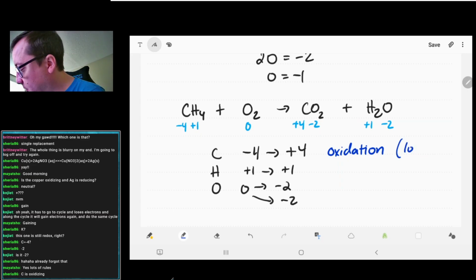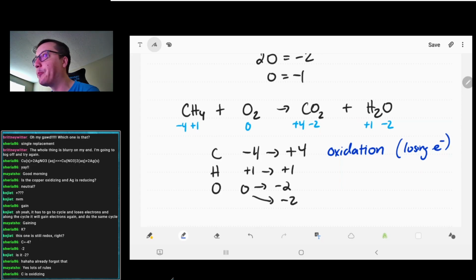We have a loss of electrons. Hydrogen is staying exactly the same, so nothing is happening with hydrogen. However, we see oxygen is going from 0 to -2, so that is going to be the opposite one. That's going to be our reduction.